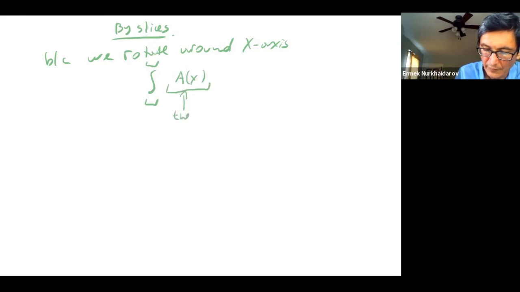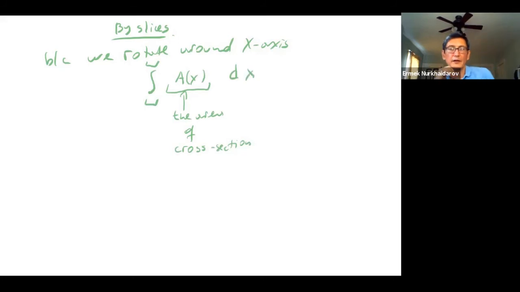This is the area of cross section. And because we're rotating around x-axis, dx. That's the original setup.